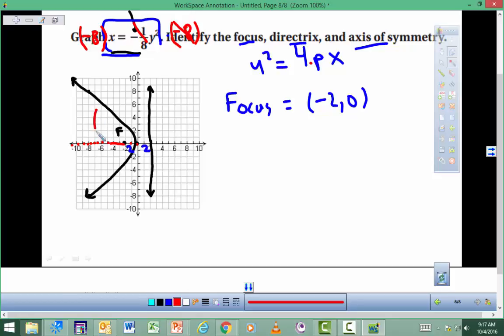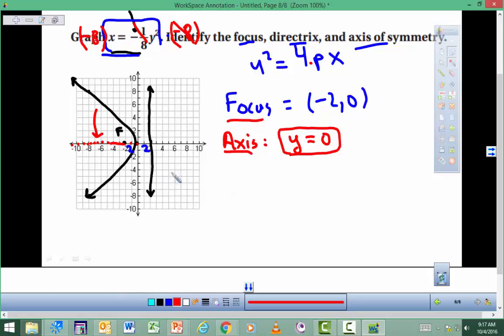What is the equation of this? Well, the axis, I'm just going to abbreviate, the axis is y equal to 0. And so there's our axis, there's our focus.